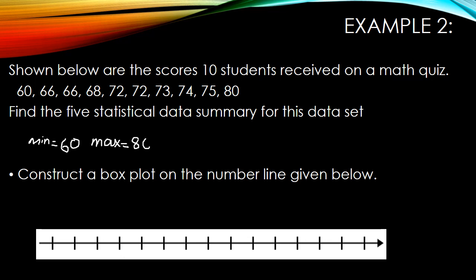The calculator can calculate for us the first quartile, or Q1, and in this case Q1 is 66 actually, and then the second quartile, or the median, is equal to 72, and the third quartile is equal to 74.